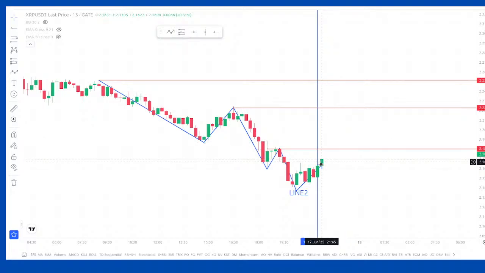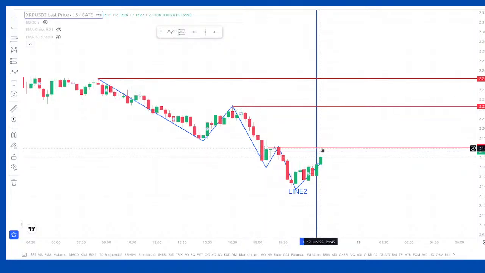So as a trader, suppose it comes and is prevented by this resistance and starts going downwards. It might still continue on the downtrend, so it might come back.